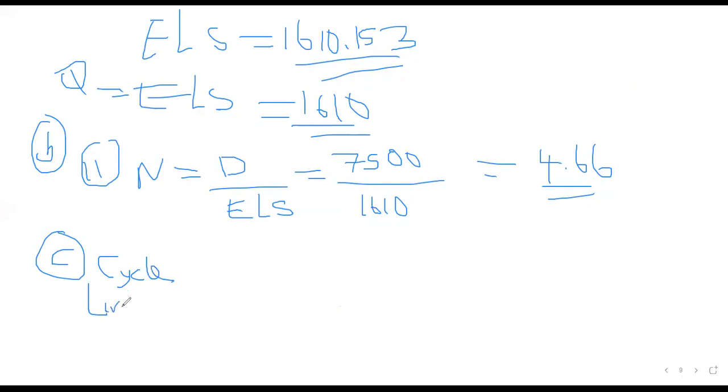Cycle time is equal to Q over D multiplied by the days of the year.